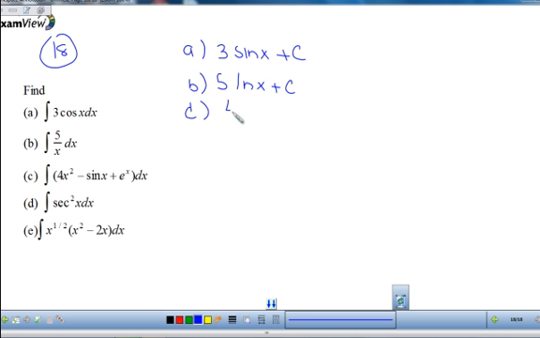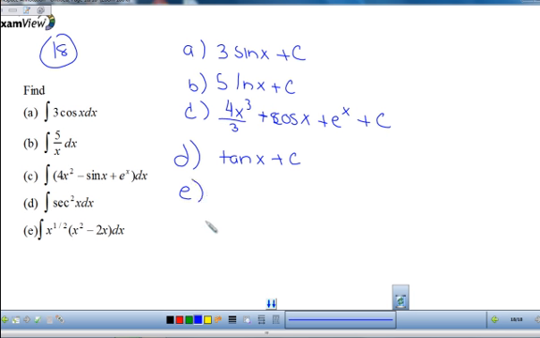Then we're going to add 1 and divide by the new exponent. The antiderivative of sine of x is negative cosine of x. That's going to give me positive cosine. And then the antiderivative of e to the x is e to the x. The antiderivative of secant squared is tangent of x. Things that we just have to know.